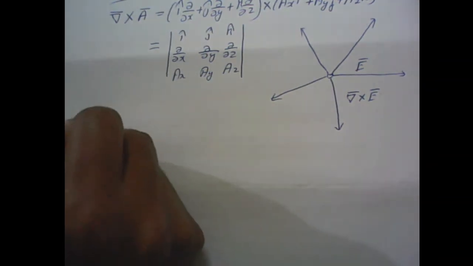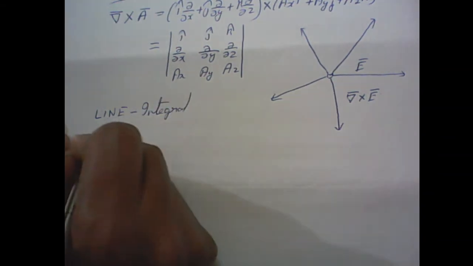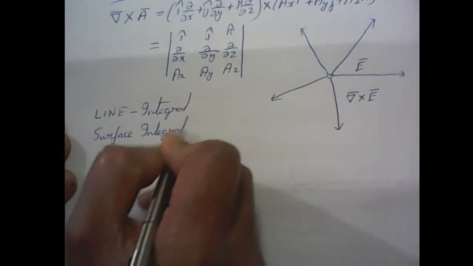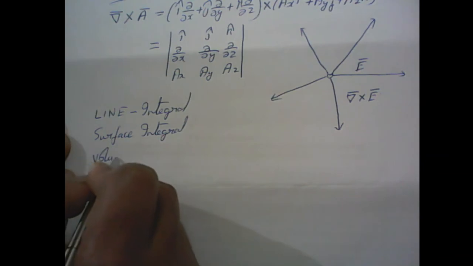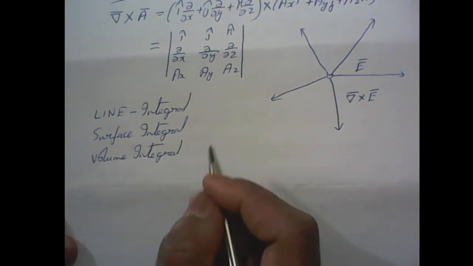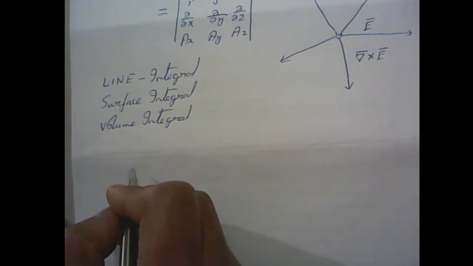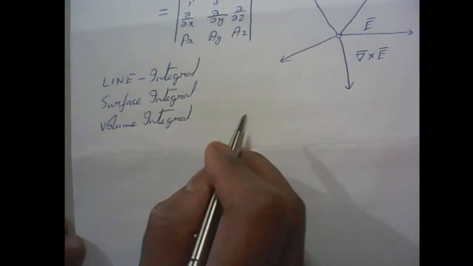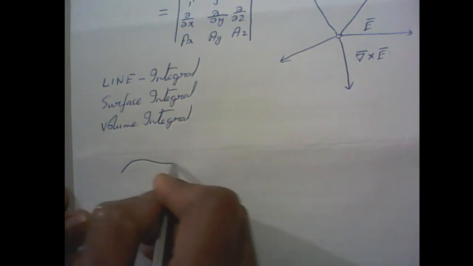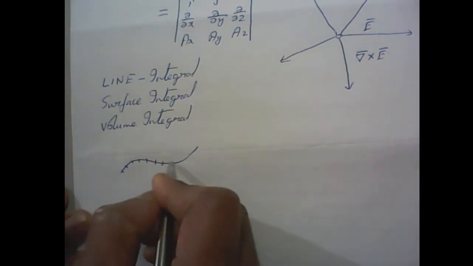Next, we talk about the line integral. We talked about the surface integral and the volume integral. I've given you notes on this. A line integral, you can make out, is an integration taking place along a line or a curve. So how many variables will be there? Say something is moving along a curve. We'll be talking about only displacement along the curve.